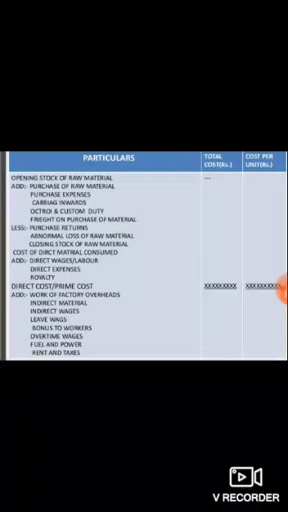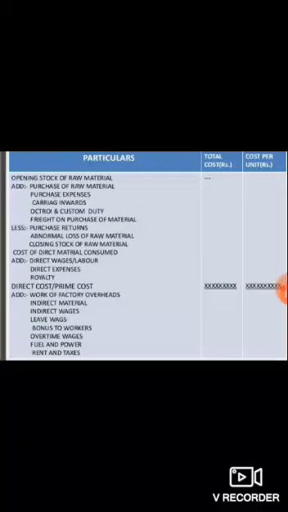And carriage inwards is also related to purchases and to raw material, so these expenses are also added to the raw material. And octroi and custom duty, if any is paid on purchase of raw material, are also added to the raw material.